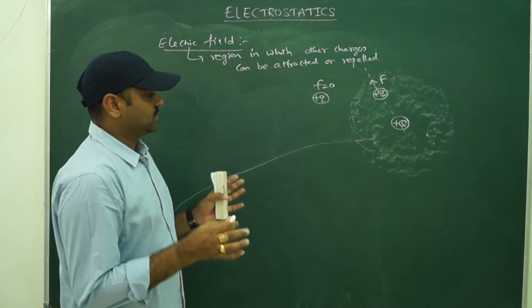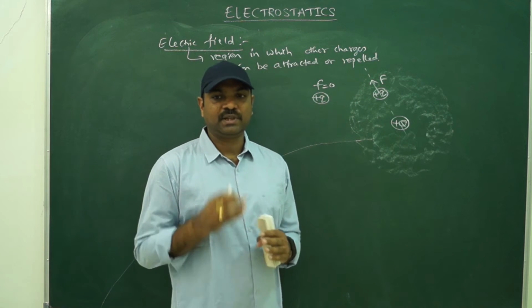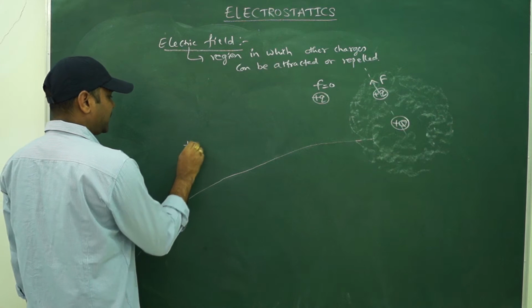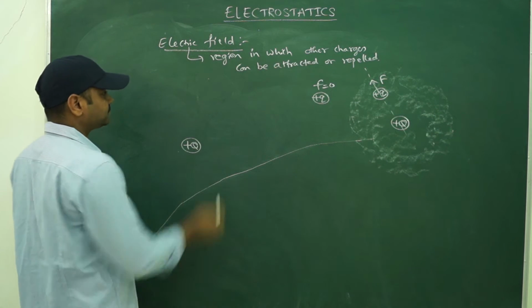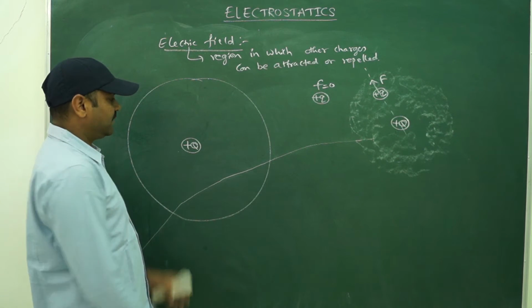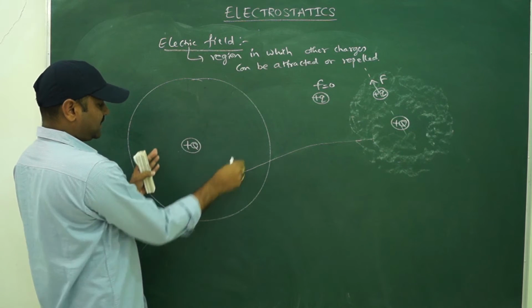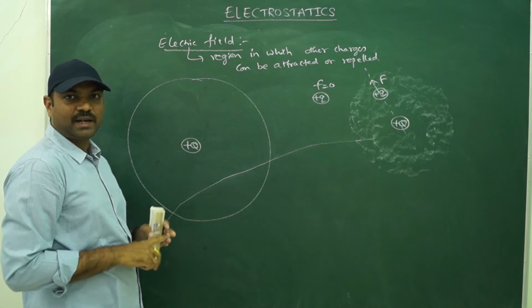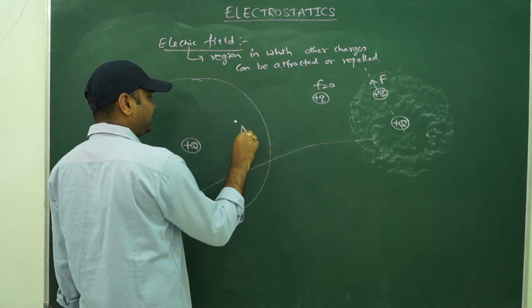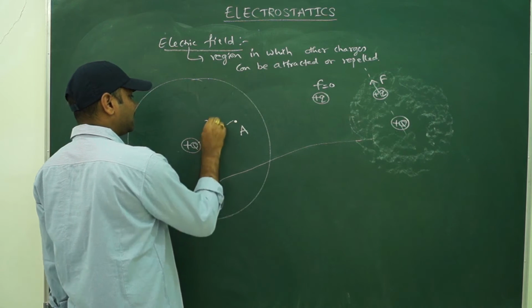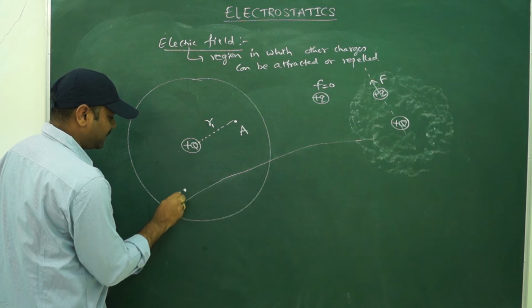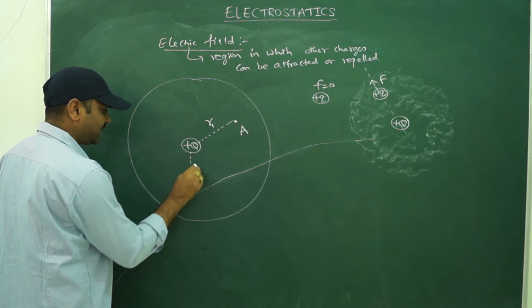Okay. Once the field is defined, then the problem will come with this. Suppose I keep one charge q, so there will be a region around it where if you keep any charge, that will be attracted or repelled. Now the question is, suppose I take one point A, which is at a distance of R1, and another point B at a distance of R2.